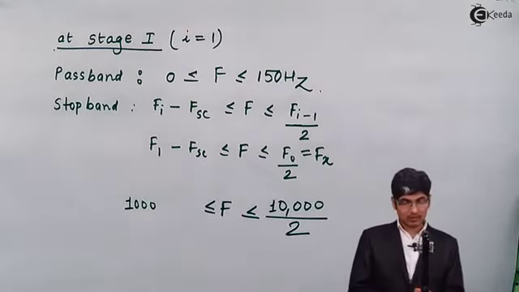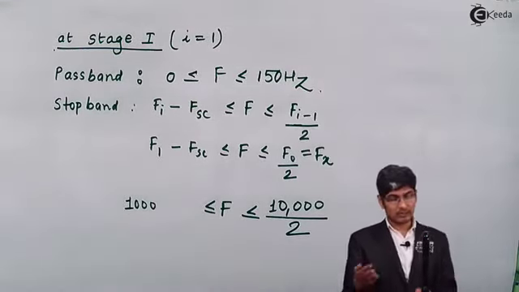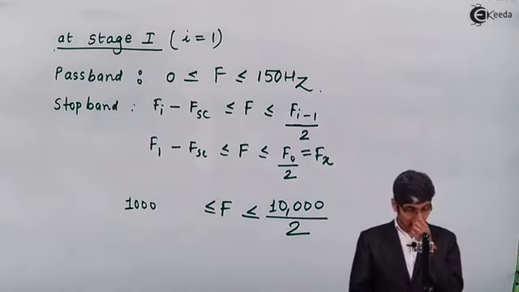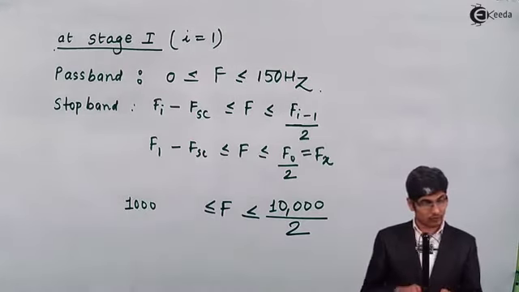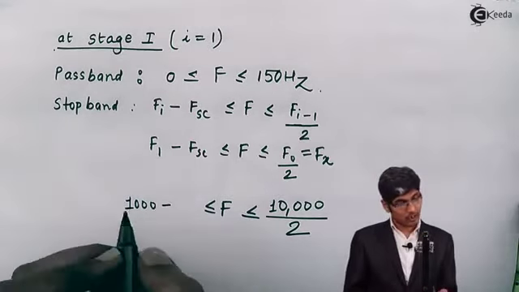Okay, because 10,000 divided by a factor of 10 will give me 1000, isn't it? Because F1 is Fx by D. The D that we are using over here is 10, so it will be 1000 minus this.